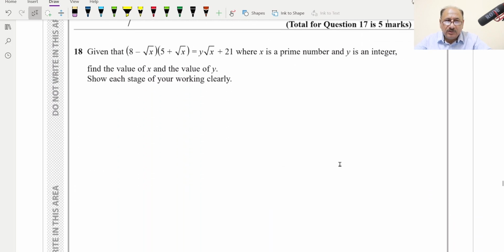Now question number 18. Question 18 says, given that this is equal to this, where x is a prime number and y is an integer, find the value of x and the value of y. Show each stage of your working clearly.